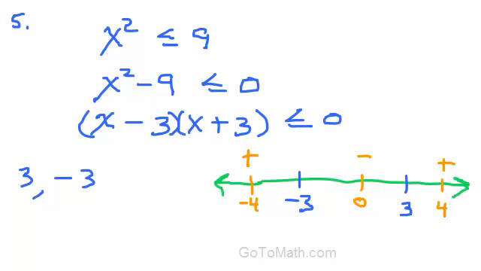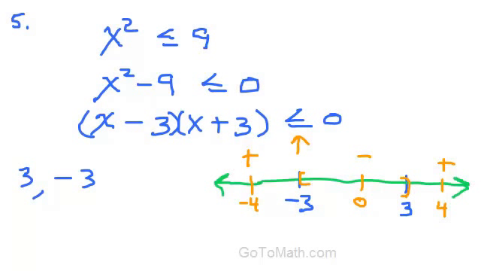Okay, well, let's take a look at this now. This says less than or equal to 0, so we're going to include these points here, right? And less than or equal to 0 means it's got to be a negative number. So we look inside this interval here. This is the interval we're going to be looking inside. As you can see, these would be all the negative numbers, including the endpoints.